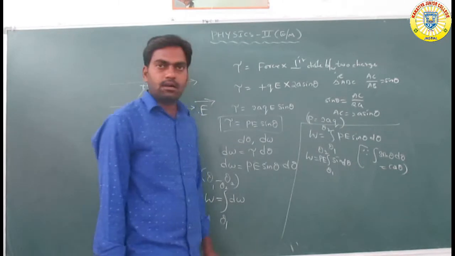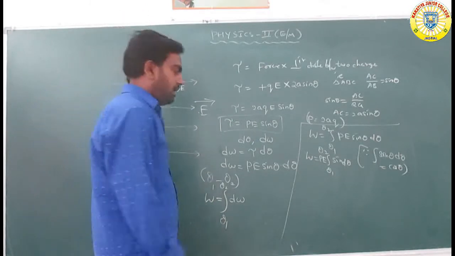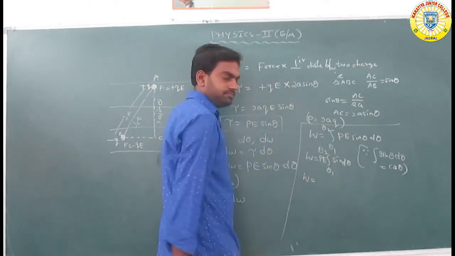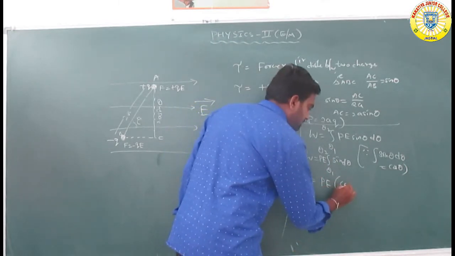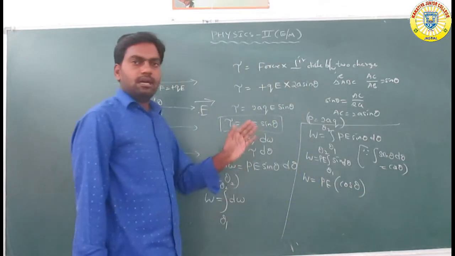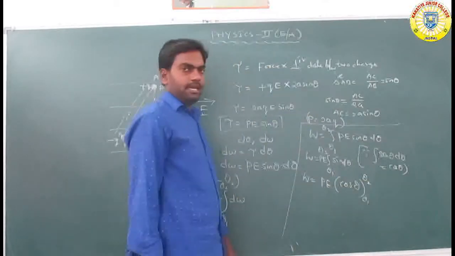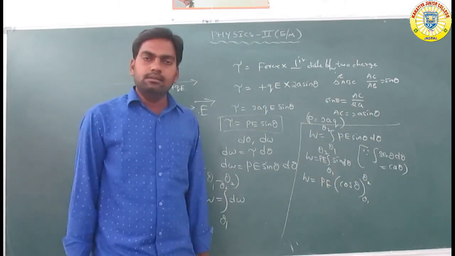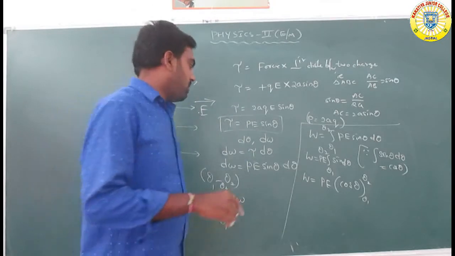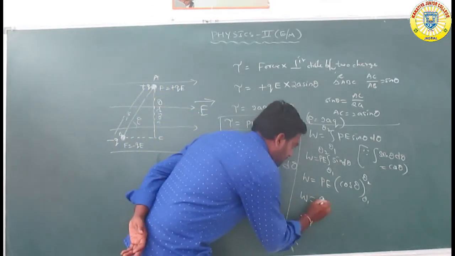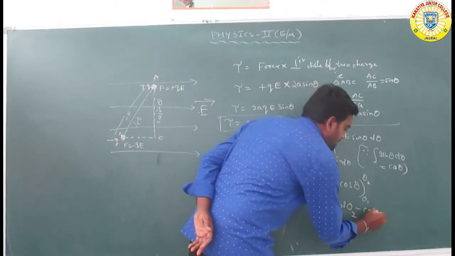So W is equal to pE times minus cos theta, with limits theta 1 and theta 2. After integration, substituting the limits, upper limit minus lower limit, W is equal to pE (cos theta 1 minus cos theta 2).